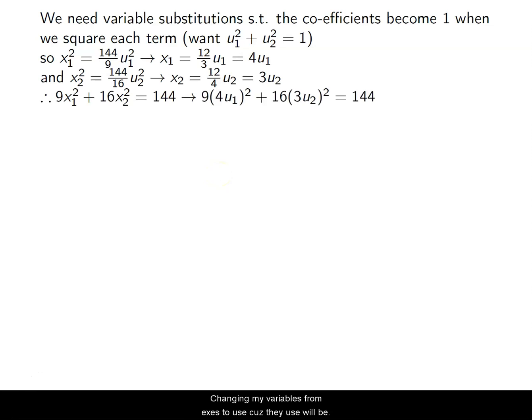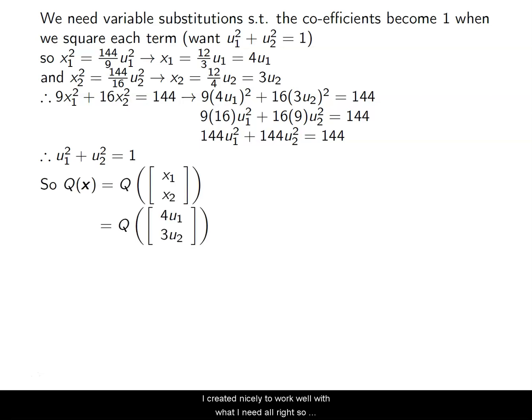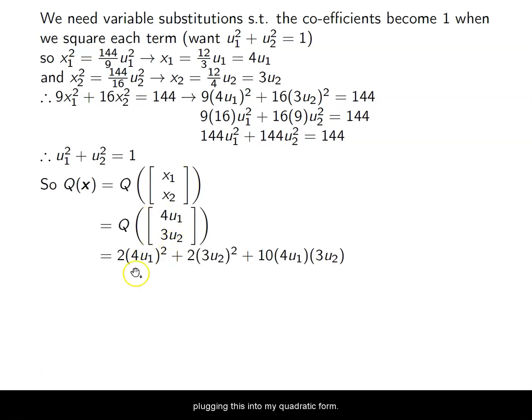Changing my variables from x's to u's, because the u's I created nicely to work well with what I need. All right. So plugging this into my quadratic form, instead of plugging in x1 everywhere and x2, I'm plugging in my u substitutions, right? So I'm going to have the following inputs.